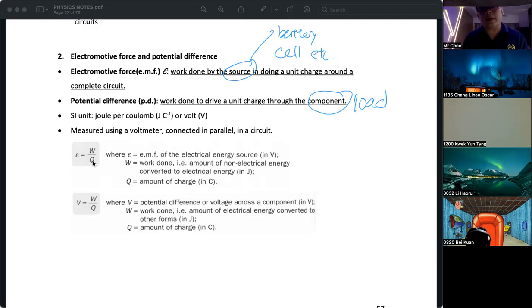Basically, that is what EMF means. So the greater the EMF or the greater the PD, it tells you that more energy is used up or more energy is supplied. But you don't just say energy, because that's not the proper definition. It's the energy per unit charge. Is that clear? Okay, so that's all about EMF and potential difference.